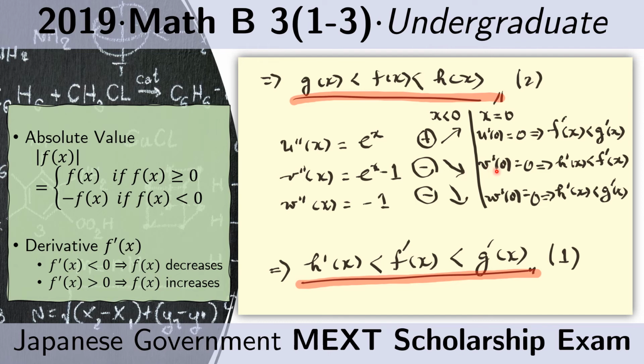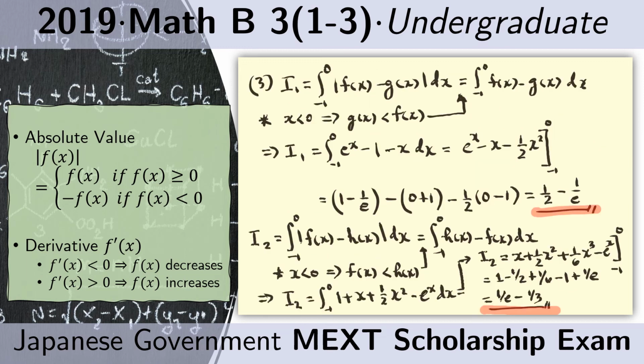And because v prime here is just f prime minus h prime, then for that to be positive, f prime must be greater than h prime. And from these three, we can see that h prime must be the smallest because it's smaller than f prime and g prime. And g prime must be the largest because it's larger than f prime and h prime. So g prime here. And so this is the answer for question 1.